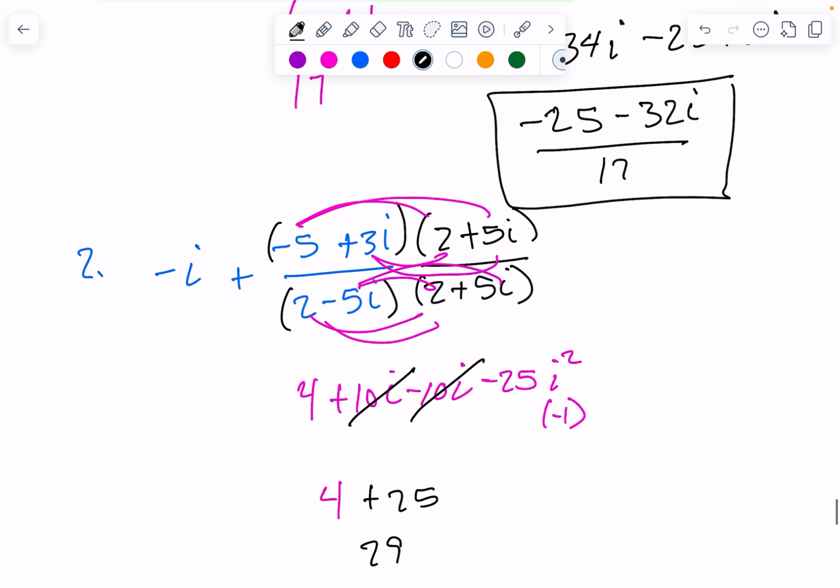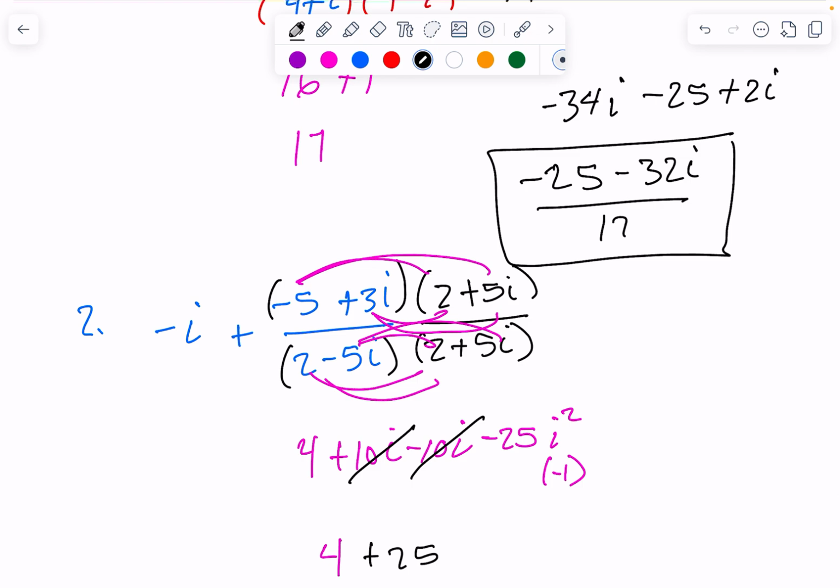And then on the top is negative 5 times 2 is negative 10, and negative 5 and positive 5i is negative 25i, and 3i and 2 is plus 6i, and 3i and 5i is 15i squared, which is going to be negative 15, minus 15.